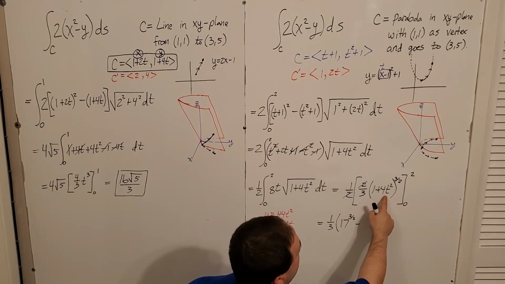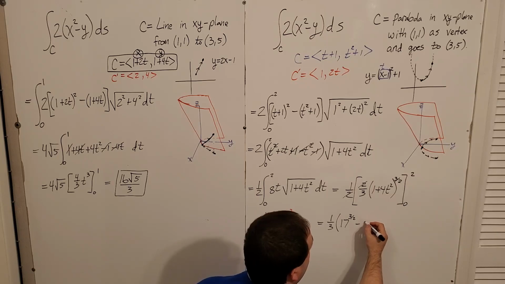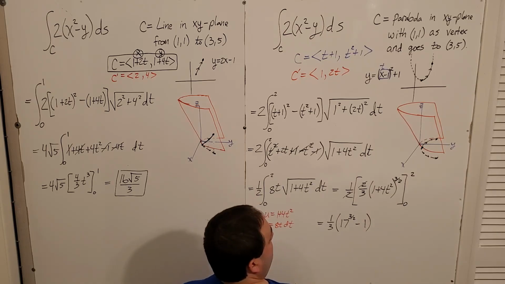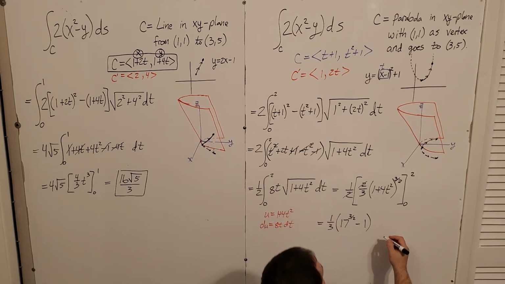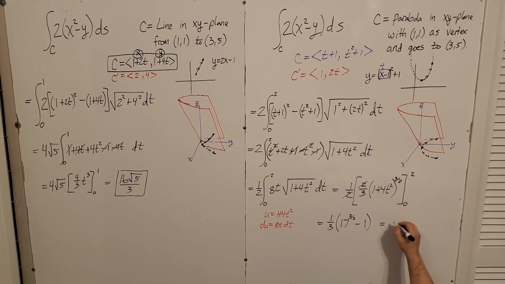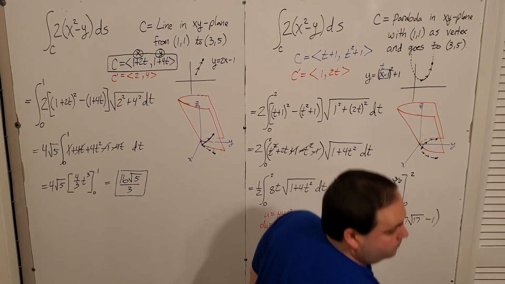Minus, when I plug in 0, I've got 1 to the 3/2, which is just 1. And you could simplify that a little bit. That's going to be 1/3 times 17 square root of 17 minus 1. That's about all you can do.